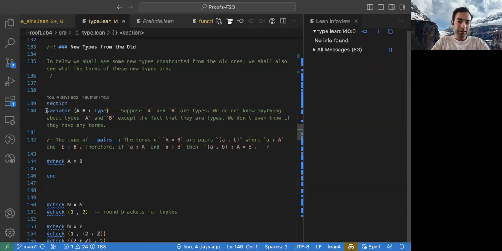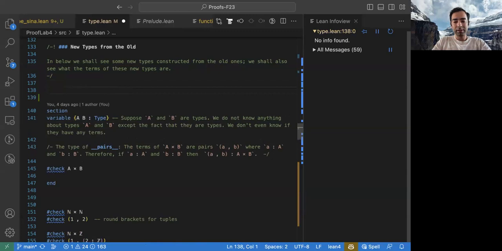The main thing here, though, is that I'm introducing two variables, A and B, and I'm writing A B colon Type. We discussed this, I think, last lecture, how we read such a thing.